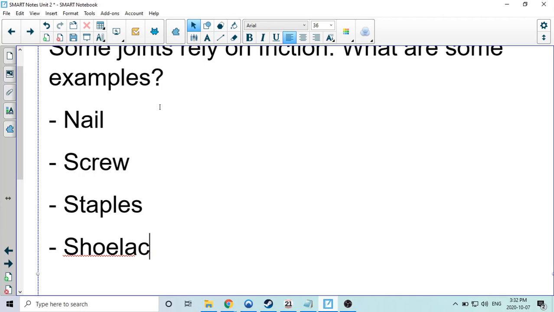Shoelaces, right? Anytime you have a joint, two things in contact with one another that are attaching two components of a structure. If your table is held together with nails, the joint is the nail. Okay? All right. There are some more examples in the notes too, if you look at that.